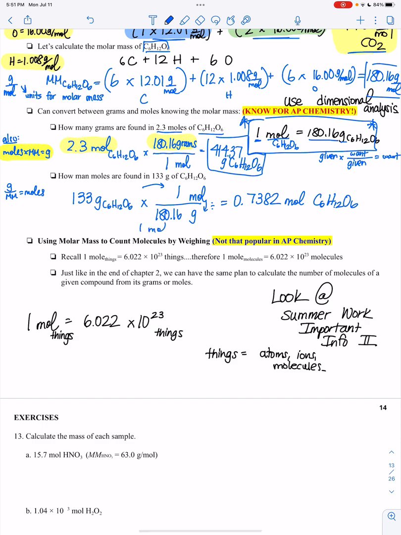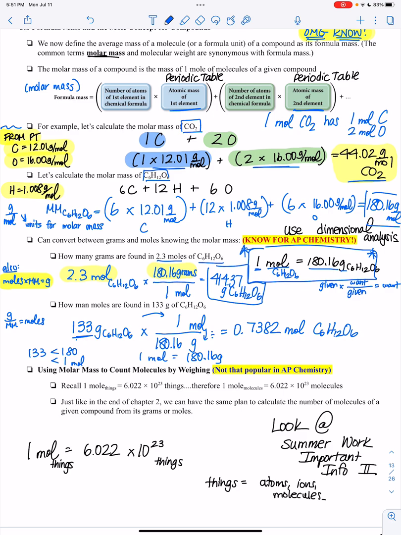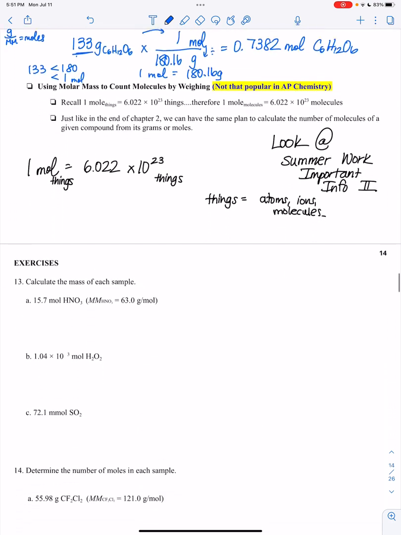If 1 mole is 180.16 grams, if I have 133 grams, 133 is less than 180. So I should have a number that's less than 1. I should have less than 1 mole, and I do. I have 0.7382. Okay? So that is calculating a molar mass and then converting between grams and moles.